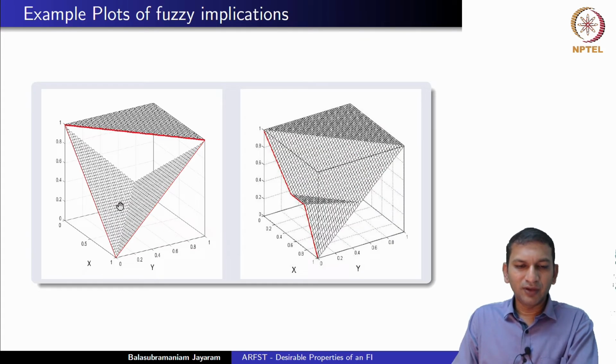In the case of the Fodor implication, once again, when you look at the bottom boundary, it is a continuous function. And this is a function which is essentially a modified form of the Łukasiewicz implication. And here again, you see that in the bottom boundary, the graph of the implication is continuous, but of course, clearly it is not strictly decreasing. But we always see that these are decreasing functions.